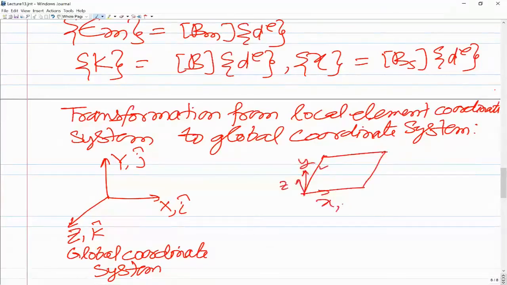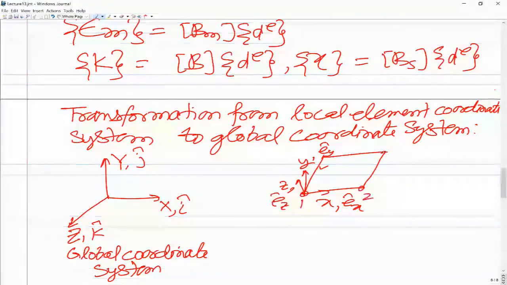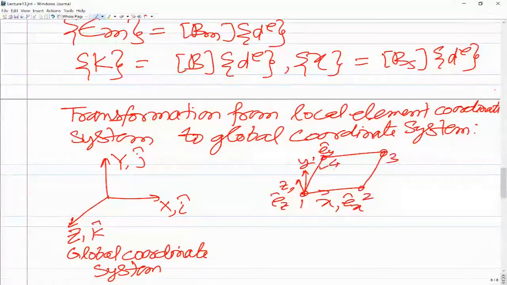The unit vectors are, let's say, along the x direction we have ex cap, along the y direction ey cap, and along the z direction ez cap. The nodes of the element are 1, 2, 3, and 4. So this is the element in the physical coordinate, the local coordinate of the element.